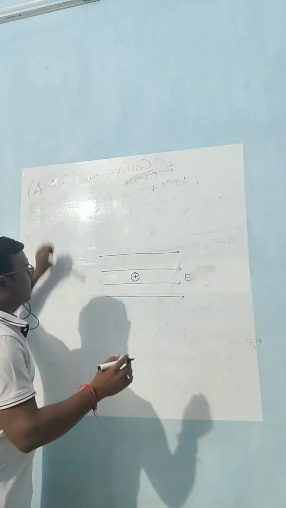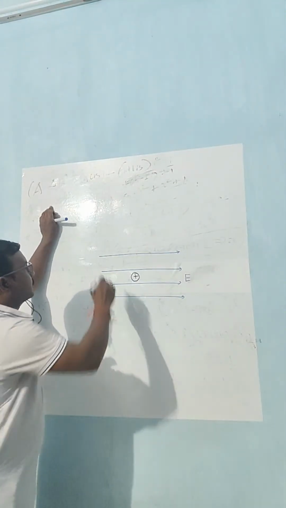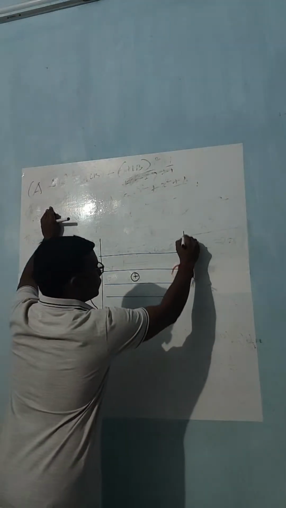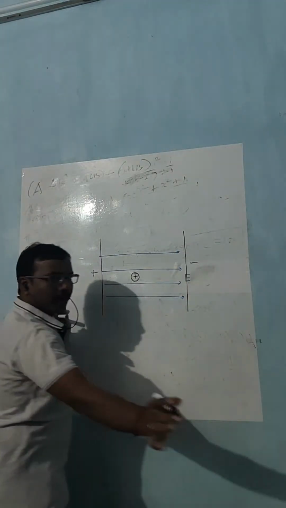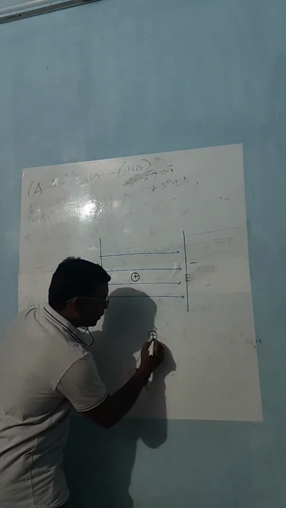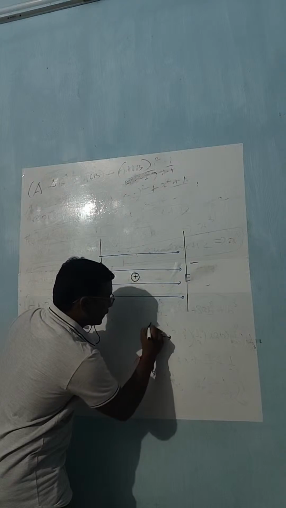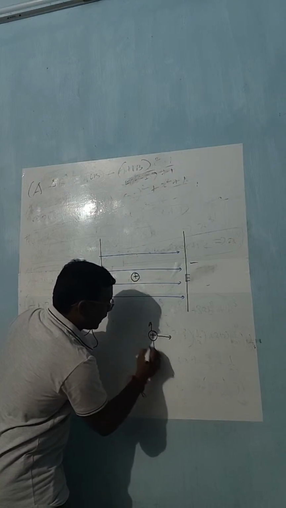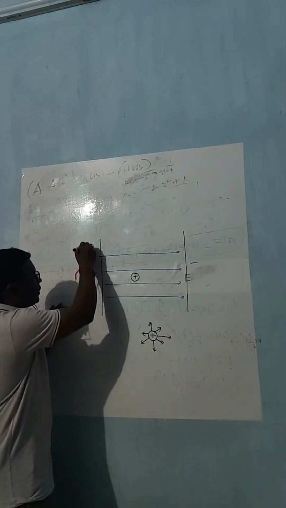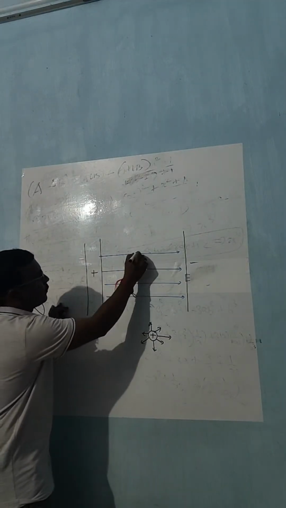I will consider the electric field lines coming from the positive charge; this is positive, this is negative. You know, everyone, the electric field lines from a positive charge are directed outward, divergent like this. This is the direction of the electric field lines.